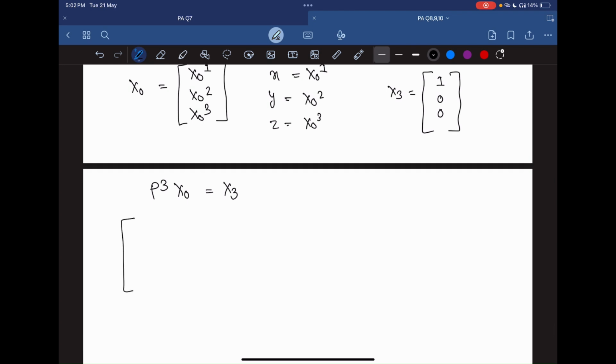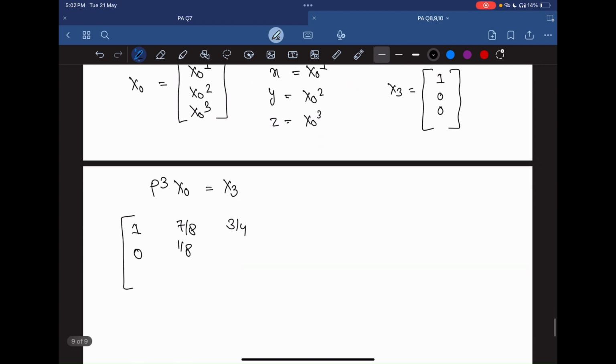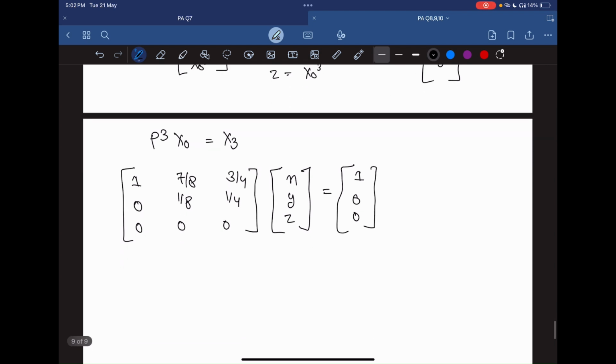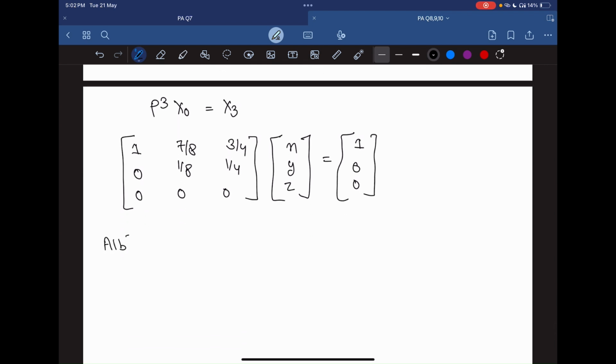So P cubed, 1, 7/8, 3/4; 0, 1/8, 1/4; 0, 0, 0, times (x, y, z) is equal to (1, 0, 0). So let's form the augmented matrix.